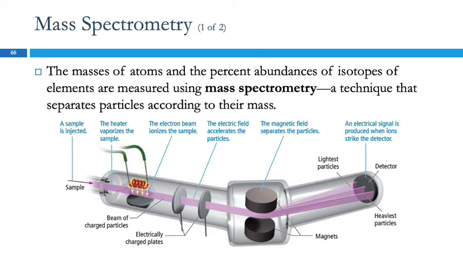If you've got a really big heavy wagon and you shove it, it's not going to change its direction very much. But if it's a really light wagon and you give it a shove, it could change at quite a big angle. So that's what the magnetic field does. Then there's a sensor over here that detects when the particles hit. And so we're separating them according to their masses.